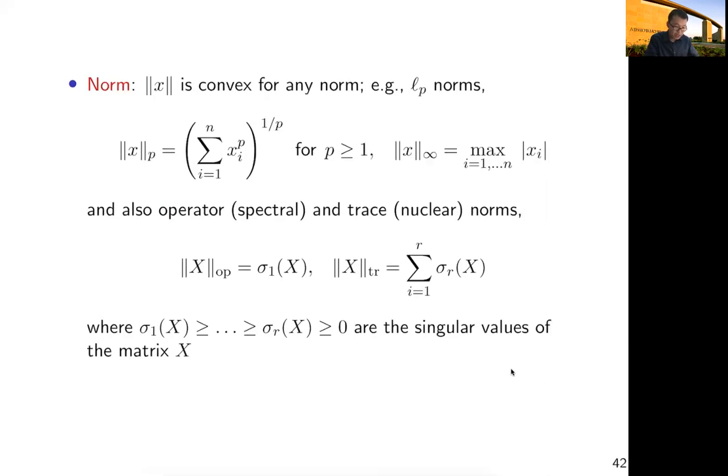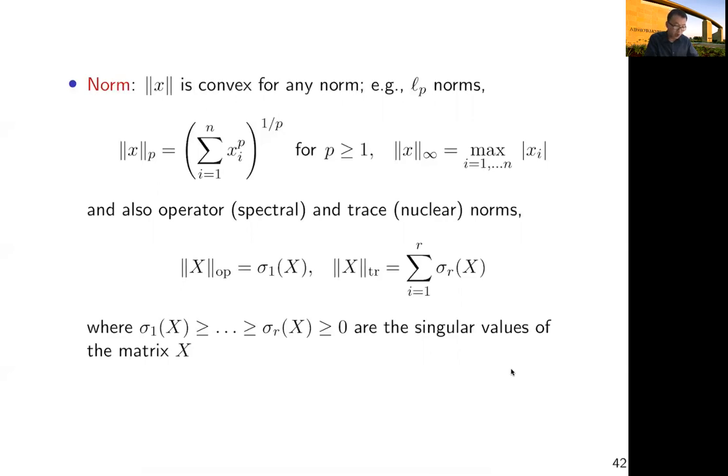For matrices, we can similarly define something that's very similar to the p norm on the spectrum of the matrix. By spectrum, I'm referring to the singular values of a matrix. For those who don't know what I'm talking about when I talk about singular values, please go over the review slides on linear algebra and numerical linear algebra.